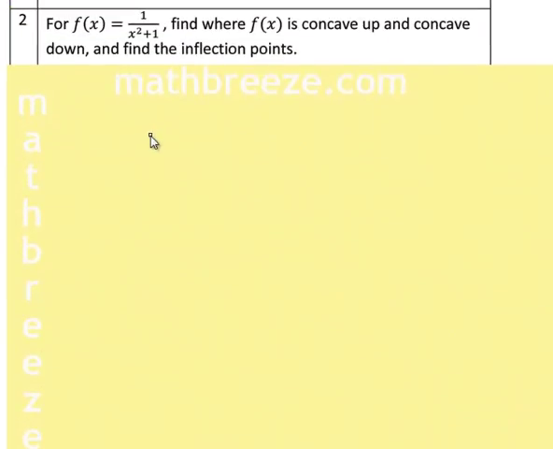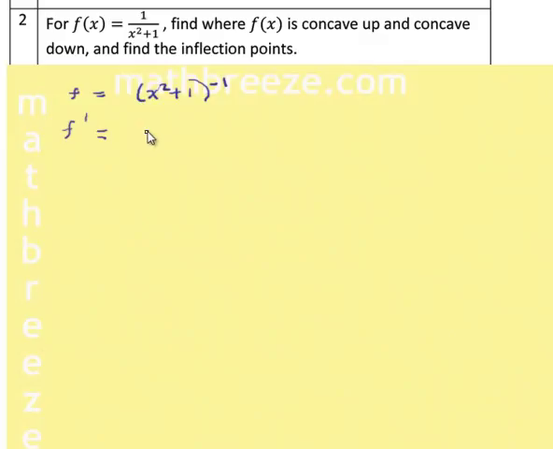In number 2, again, we need the second derivative in order to find where f of x is concave up, concave down, and inflection points. So let's start by taking the first derivative. Actually, here we don't really need a quotient rule because we can write f of x as x squared plus 1 to the minus 1, and so we only need to do a chain rule.